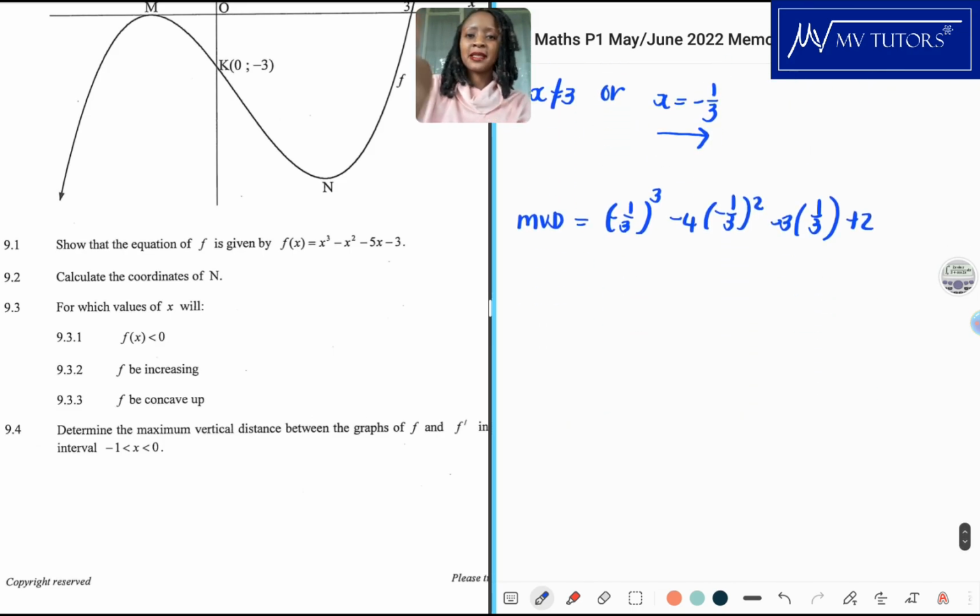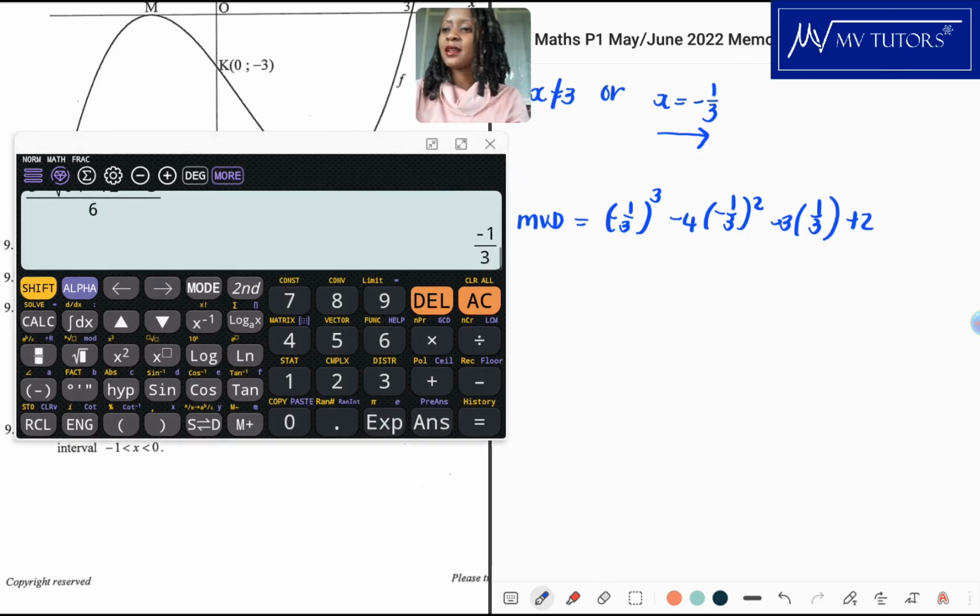Then we can plug this in the calculator: negative a third cubed, then subtracting 4 times negative a third squared, then subtracting 3 times negative a third, and then adding 2. So that is 68 over 27.